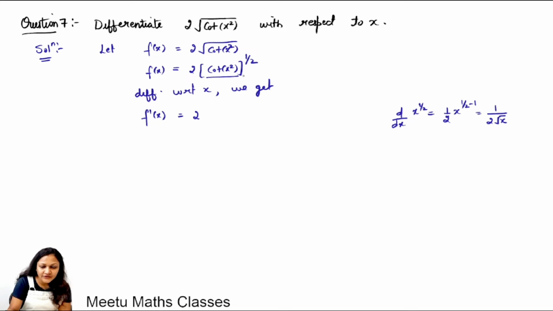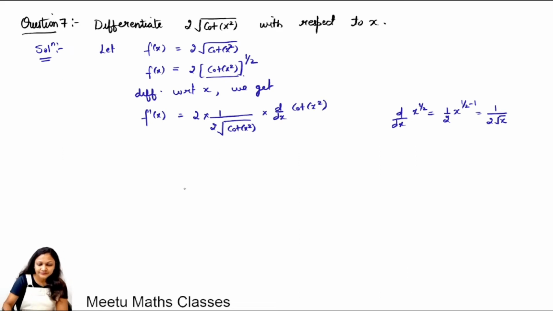So the derivative of something raised to power half is 1 upon 2 square root of cot x², and in turn we are going to take the derivative of cot x². Now 2 will cancel out. We are left with 1 over square root of cot x².